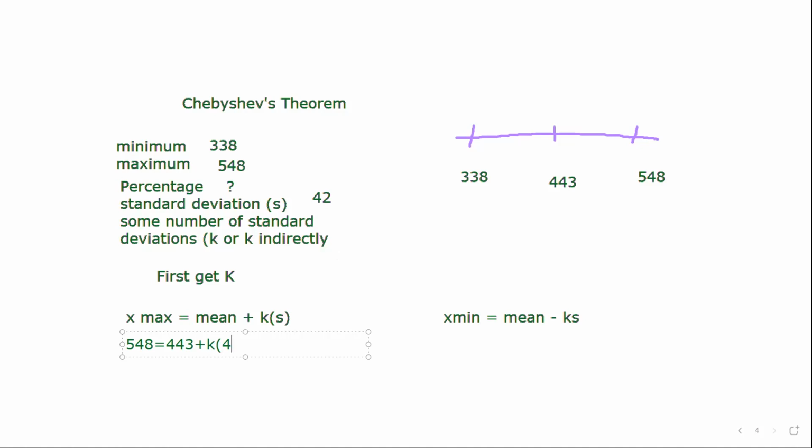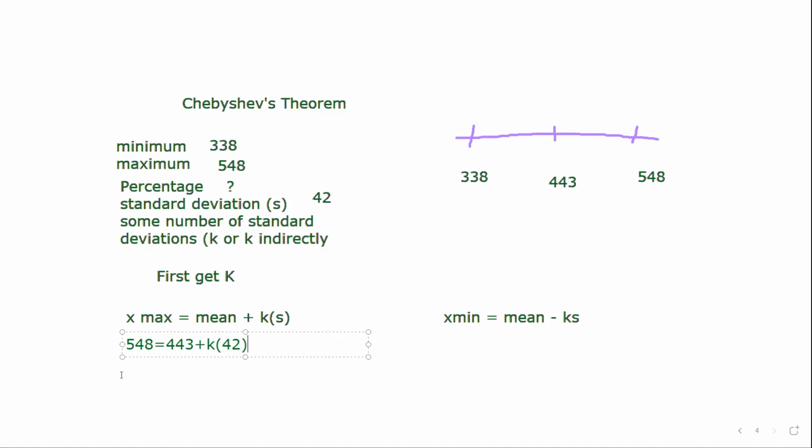So basically what we're saying here is there's some number of multiples of 42 between these two numbers. So I'm guessing what we do next is subtract 443 from both sides. That would be very good.